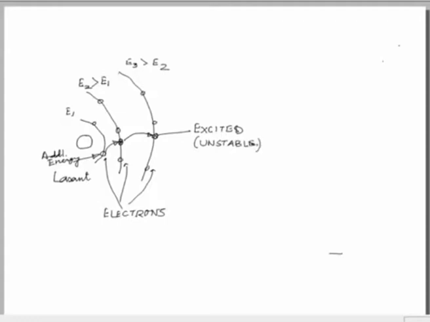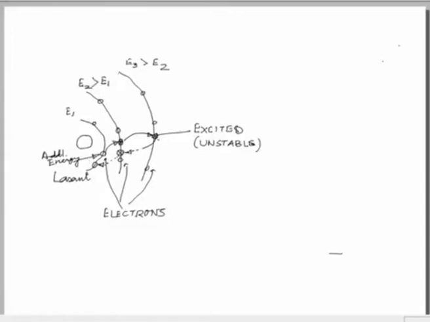Therefore, these electrons will always try to jump to the next lower energy level. They will always keep on trying this, in turn trying to come back to their original energy level.